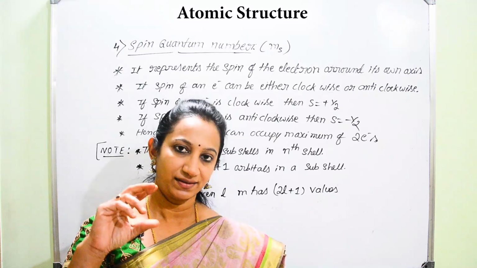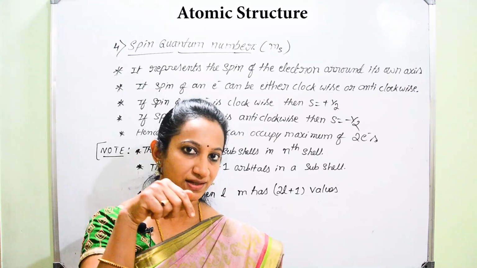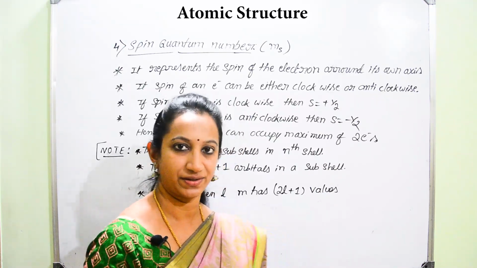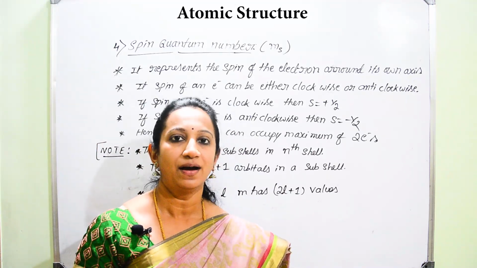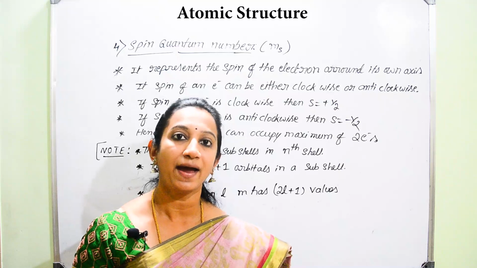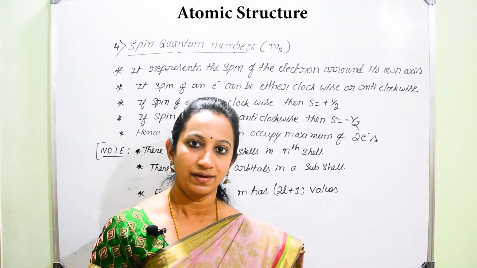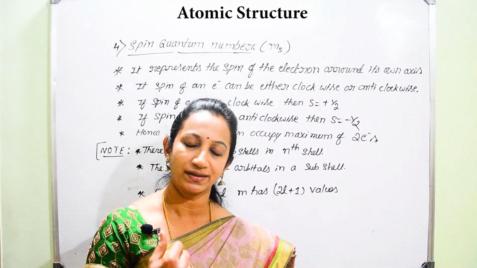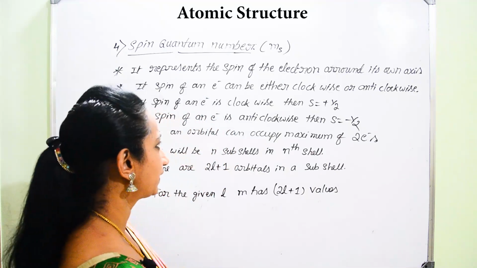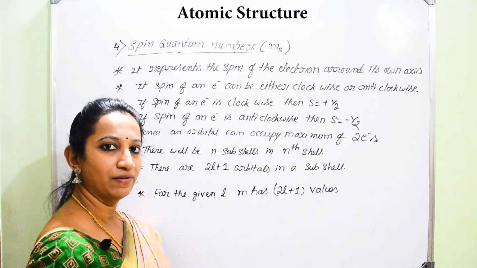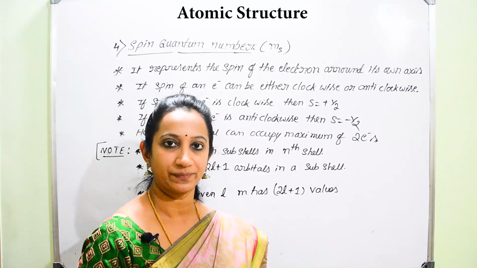So either that electron can rotate in clockwise direction or in anti-clockwise direction. It will not rotate in both directions. So each and every electron will have its own spinning moment.